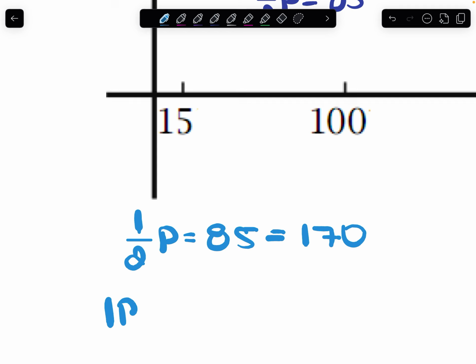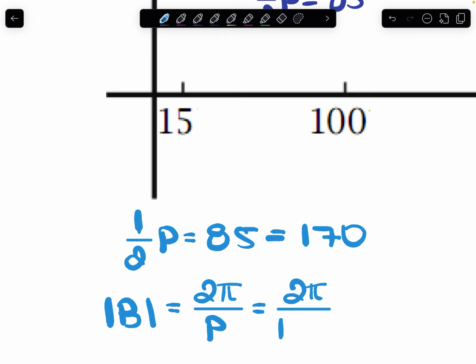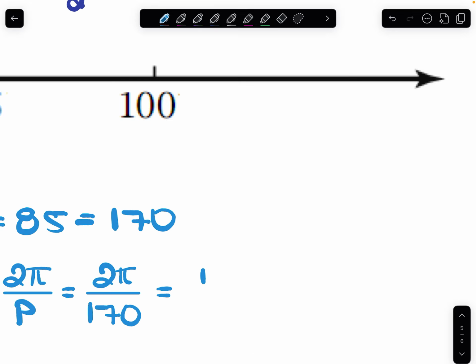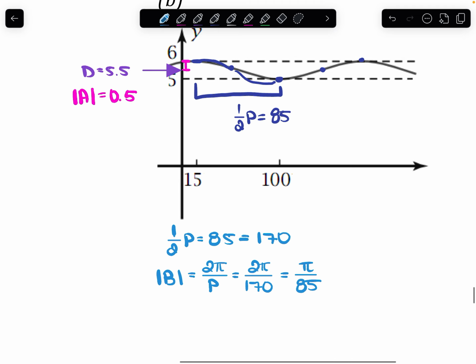Formula for B, 2 pi over P. So pi over 85. All right, let's get our equations written out.